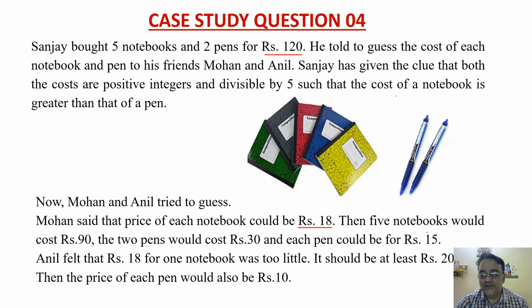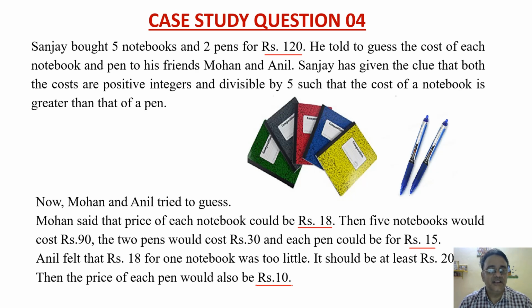Then 5 notebooks would cost rupees 90 and the 2 pens would cost rupees 30 and each pen could be rupees 15. Anil felt that rupees 18 for one notebook was too little. It should be at least 20 rupees. Then the price of each pen would also be rupees 10.